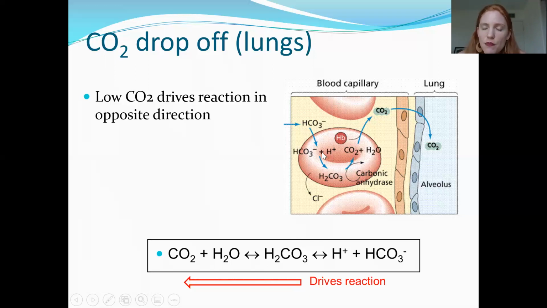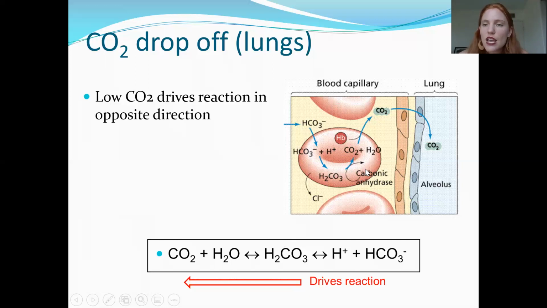The red blood cells are going to take that bicarbonate ion and combine it with the hydrogen ion, so just take it away from the hemoglobin and put it back on the bicarbonate. You then recreate the carbonic acid.